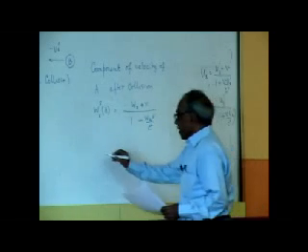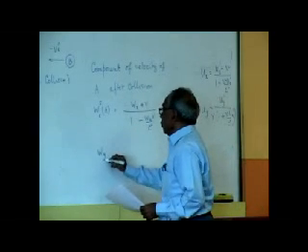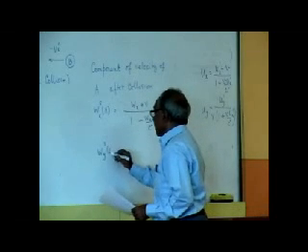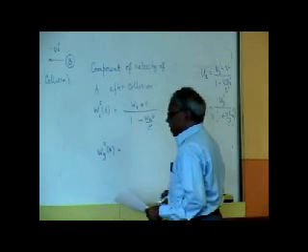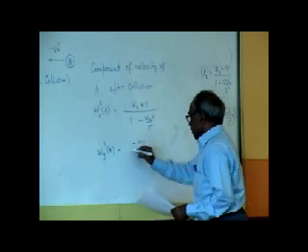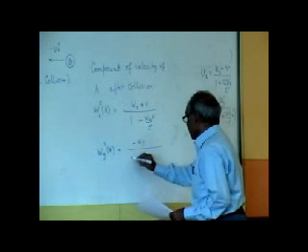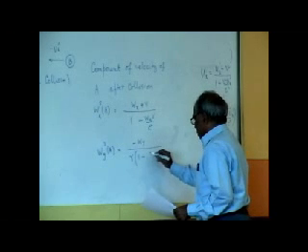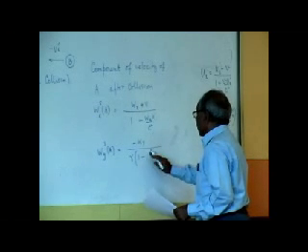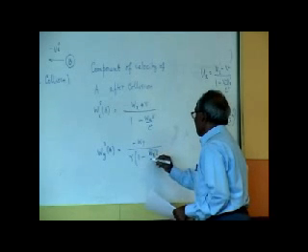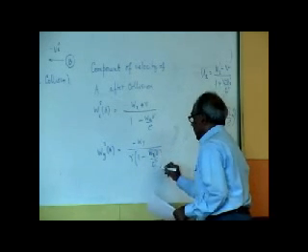And Wy of A would be minus Wy divided by gamma times 1 minus Wx V by C squared.